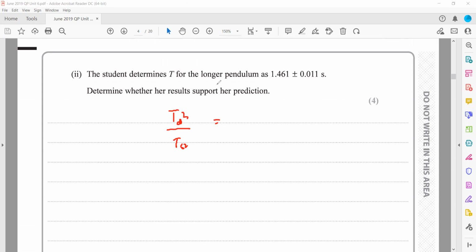Td, that is the double-length pendulum, 1.461 square, divided by Ts, 1.024 square, which was the mean we calculated in the first part. When we divide them, this is about 2.